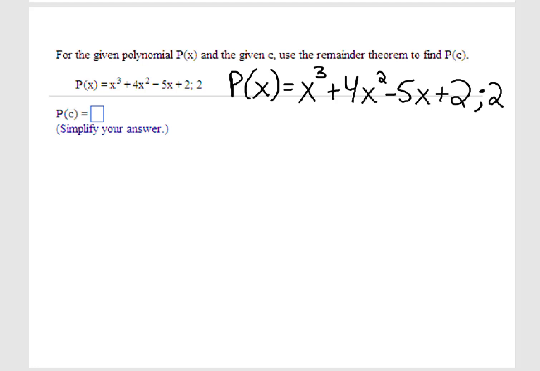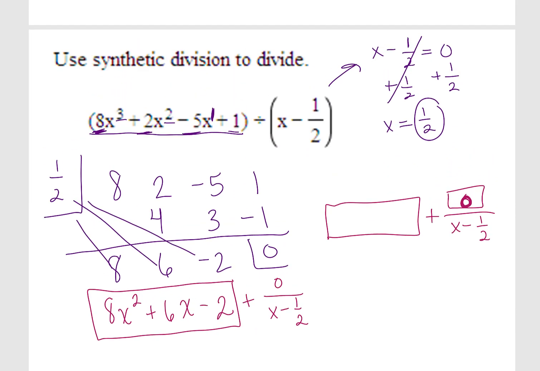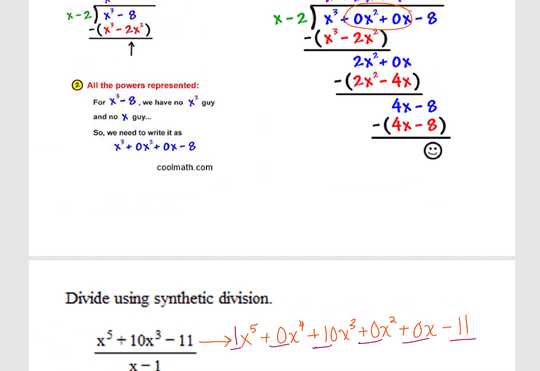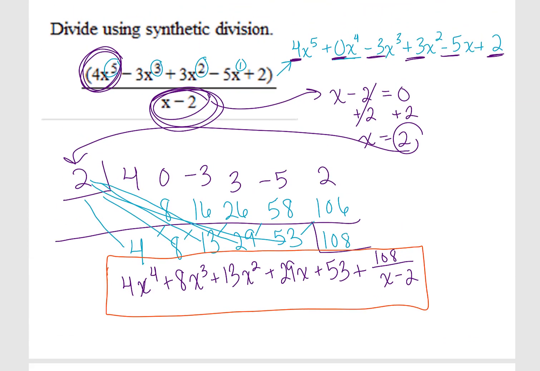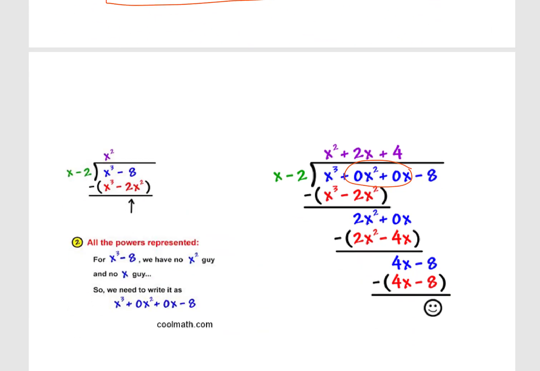So here's the thing I don't want you to get confused on. This number right here, when they give it to you, do not try to say, oh, I have to set it equal to 0. So we saw in all of these ones back here, it feels like the opposite, because we set it equal to 0, and then we had to basically undo it on both sides. But we keep seeing that, look, it's x minus 2, and we got a positive 2.